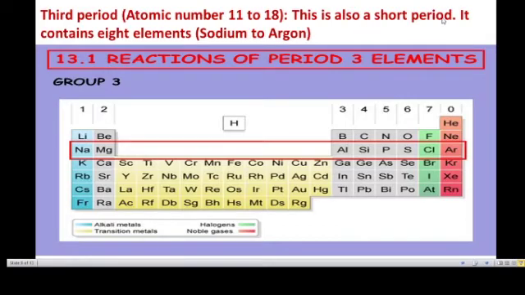Second and third periods are called short periods. It contains 8 elements starting from sodium, that is natrium, to argon. The atomic number of sodium is 11 and up to 18, that is argon.